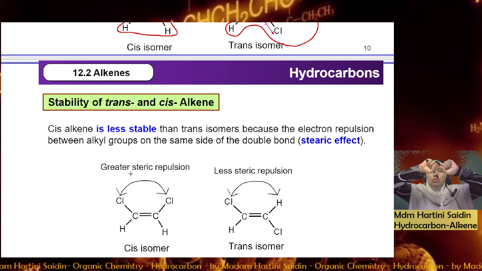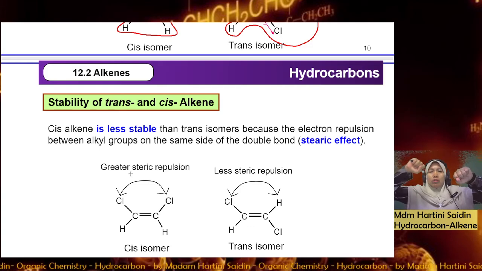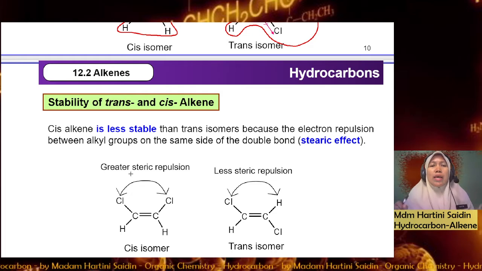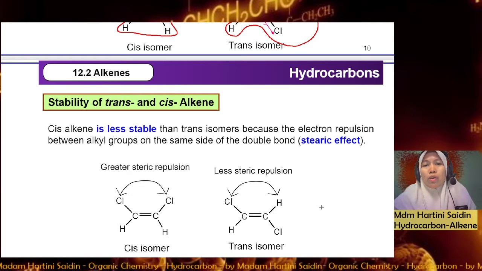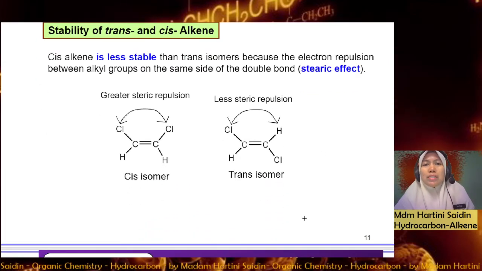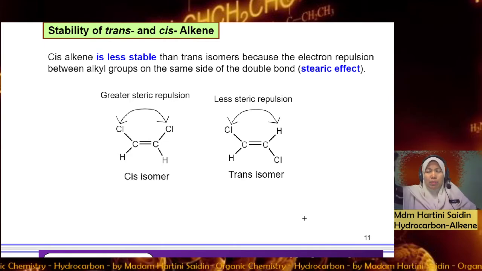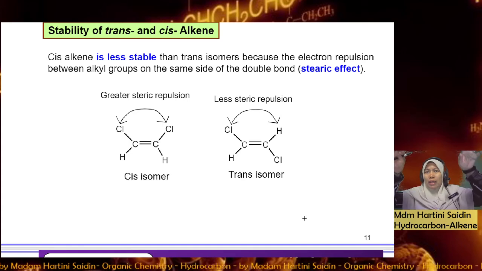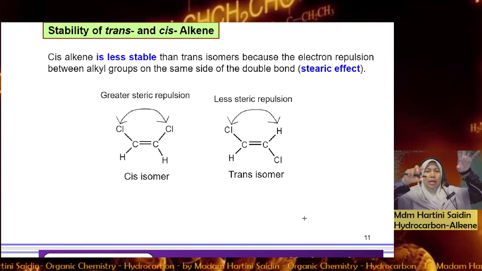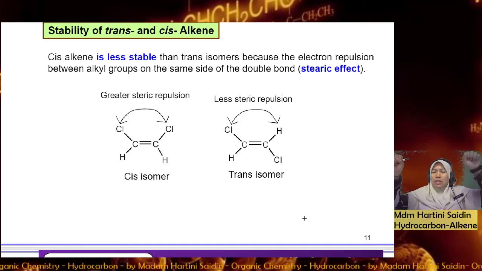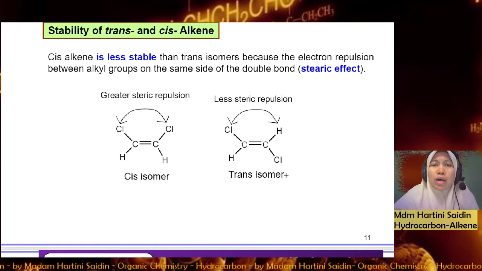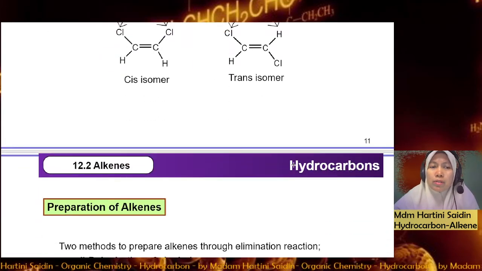Okay, so belah ni tolak, kekuatan tolakan dia sama, so it will become the greater steric repulsion. Compared to trans because dia tadi dia bentuk silang, so bila dia bentuk silang, jadi yang bahagian atas tu ada chlorine and hydrogen. Jadi dia punya steric repulsion tu can be reduced lah, akan berkurang. Okay.